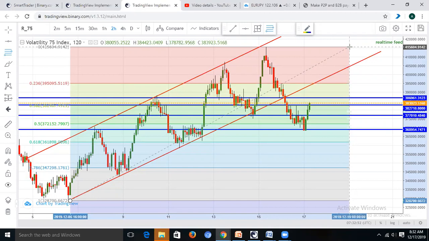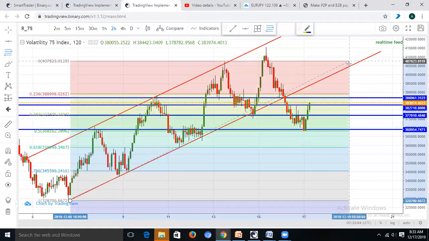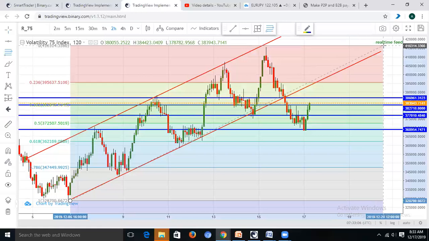According to Mr. Fibonacci, this is the 50 point, this one is a 78 retracement level, and 50 and 38 is still valid.